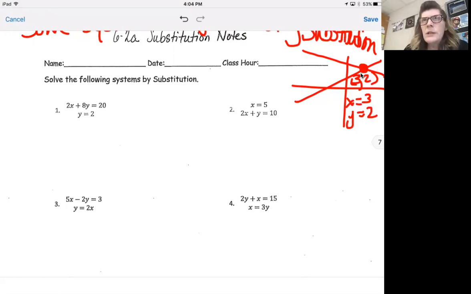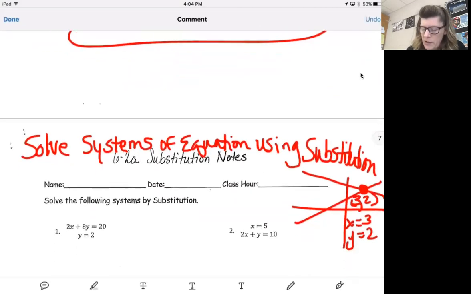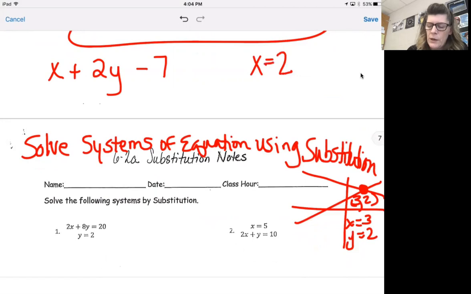Substitution is where we are going to sub in equivalent values. It's kind of like an evaluating problem. So let's do this up here. Let's say I had x plus 2y minus 7, and I said, okay, evaluate it when x is 2 and y is -3.